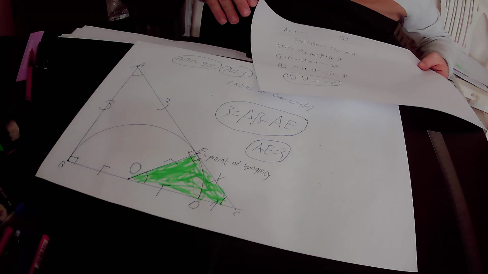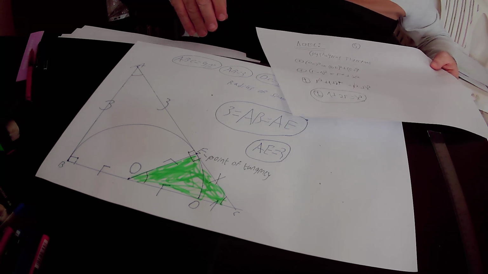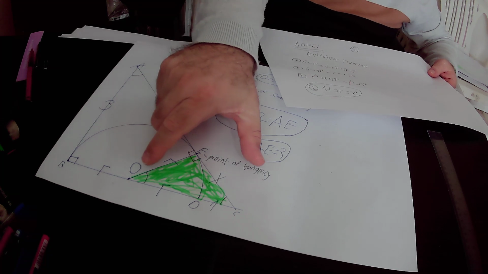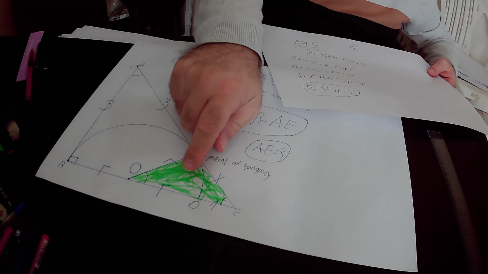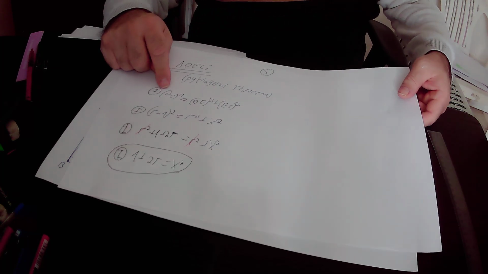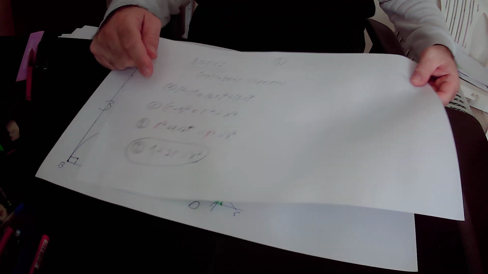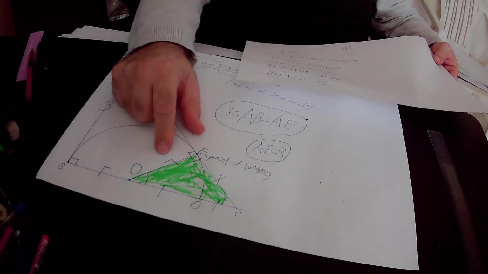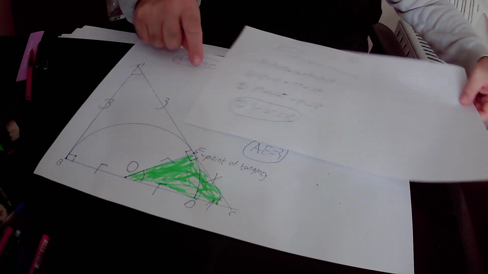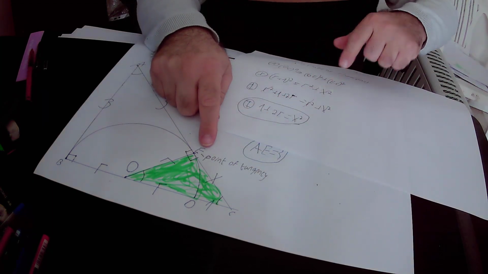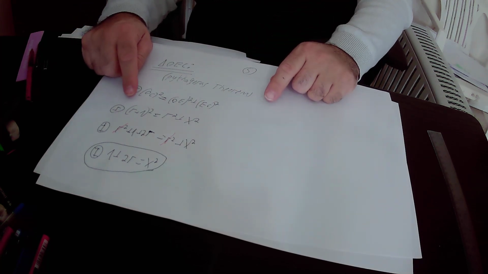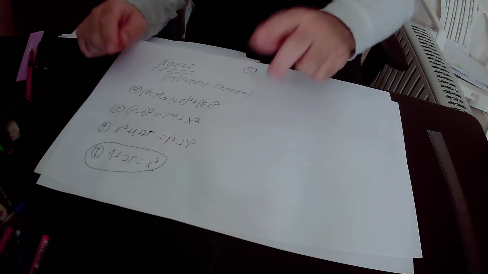The value of OC is actually, as you can see from the drawing, R plus 1. OC is R plus 1, so OC square is (R plus 1) square. OE is R, so OE square is R square. And EC equals X according to our definition, therefore EC square equals X square. So in total we got that (R plus 1) square equals R square plus X square.